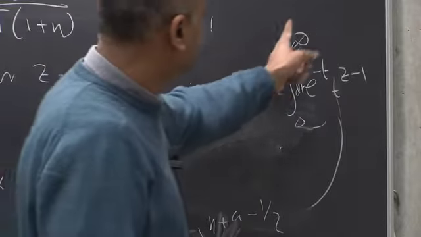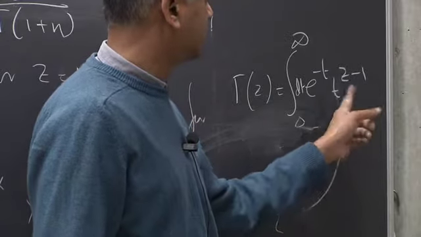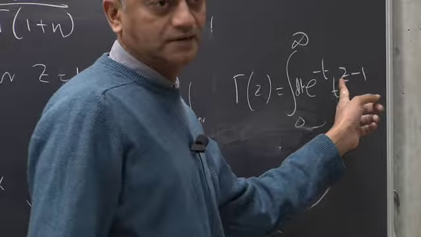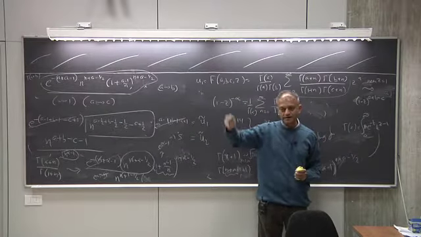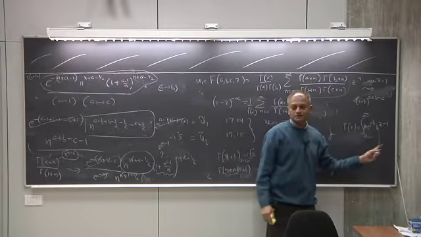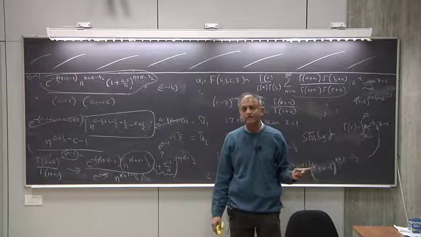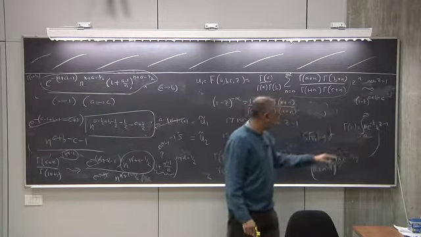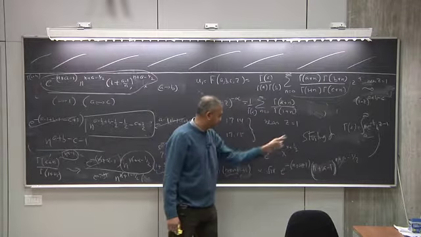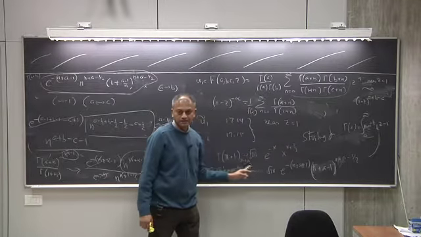And then we tried to evaluate this integral for large real part of z, very large, positive infinity. In that case, we used the steepest descent method, the saddle point approximation, to evaluate the integral. And we found that in that approximation, it gives you this behavior.